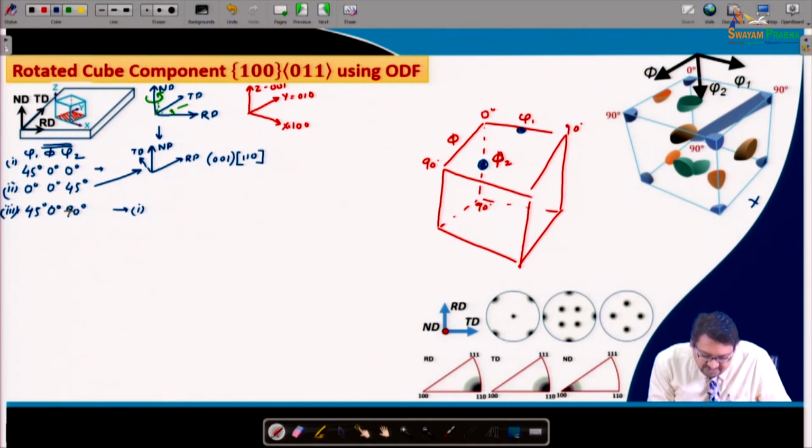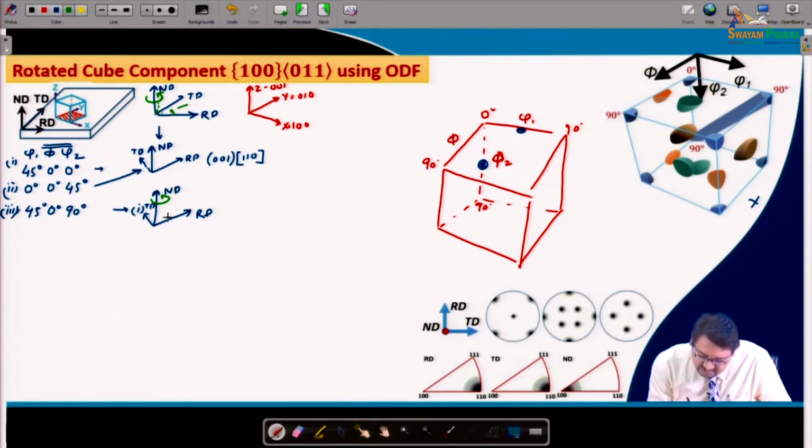That means we are taking this component and rotating, say, we are taking this RD, ND and TD, which is here, and we are rotating ND by 90 degrees along phi 2, that is the phi 2 rotation. Then what happens?